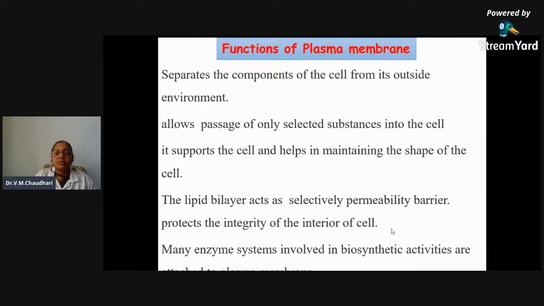There is a derivative or some extension of the plasma membrane in which these enzyme systems are located, and that enzyme system carries out the biosynthetic activities of the cell. So many of the enzymes are located in the plasma membrane of the cell.